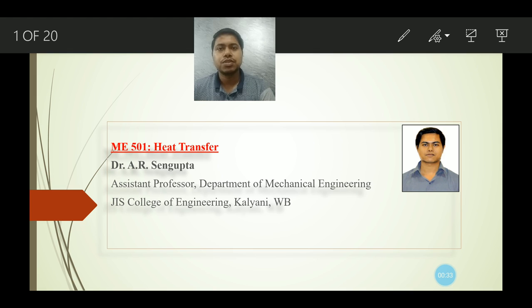So the equation for LMTD for parallel flow or counter flow heat exchanger, then overall heat transfer coefficient, then what is fouling or scaling. So this type of things which are related to this heat exchanger, all these things will be discussed in details today. Okay, so let us start this session.